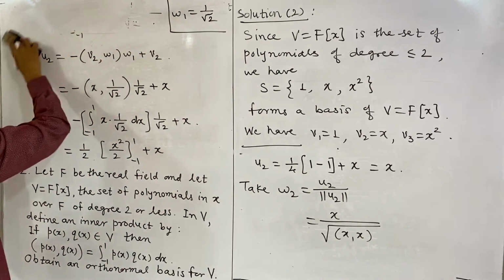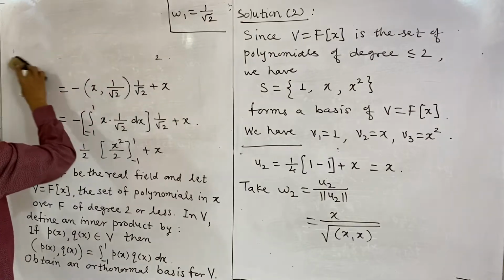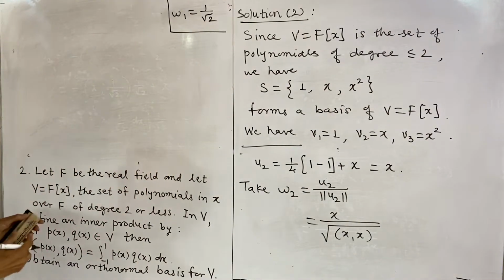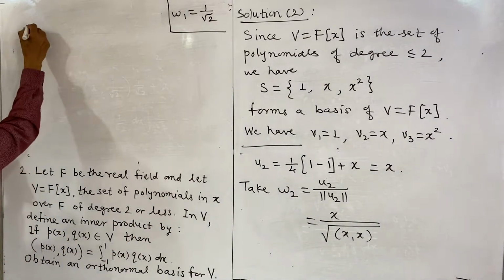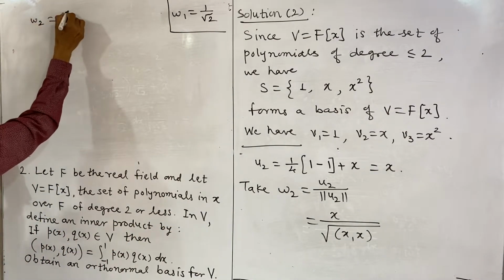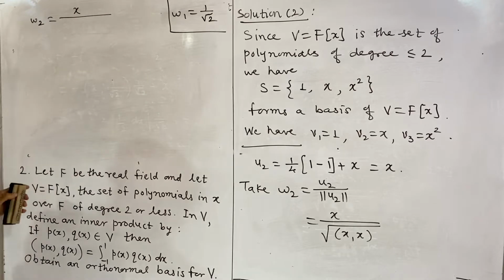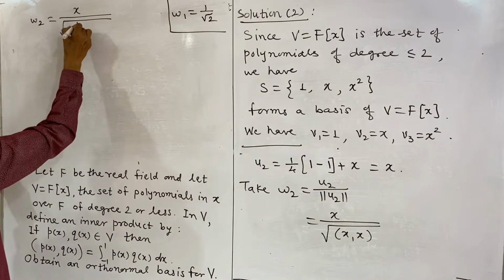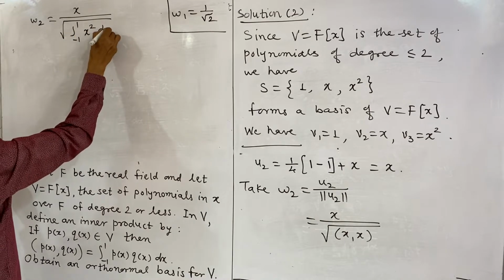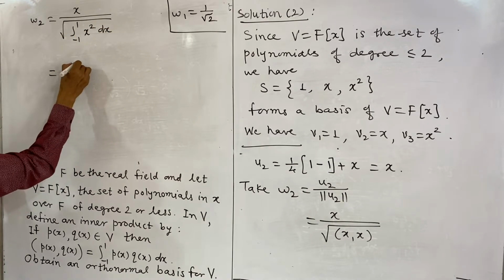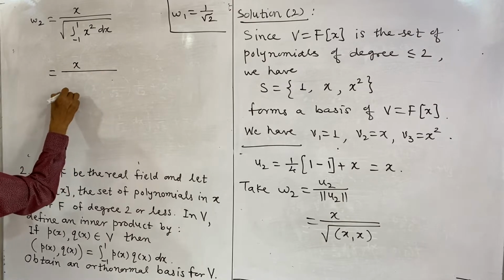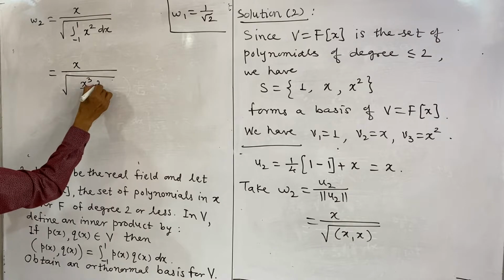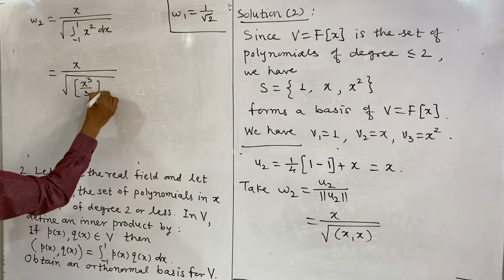Now this W2 we are calculating. W2 is equal to x divided by under root of inner product of x and x, which means integral from minus 1 to 1 of x square into dx. That is x divided by under root of integral of x square, which is x cube by 3. The limits are minus 1 to plus 1.